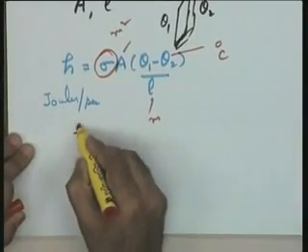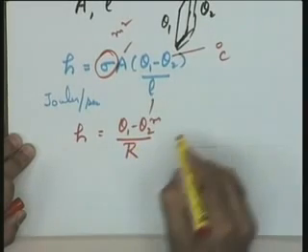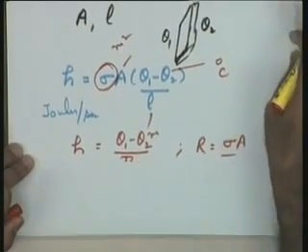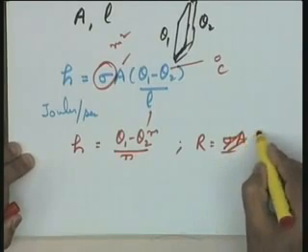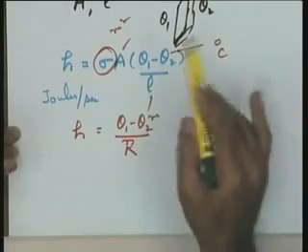But you see that this heat transfer equation becomes H equal to theta 1 minus theta 2 divided by R, where R is equal to L by sigma A. Please see that this R is the conduction resistance, the conductive resistance of the material, and wherever I need this heat transfer equation, I will be using this parameter rather than going to the basic parameters of the system.